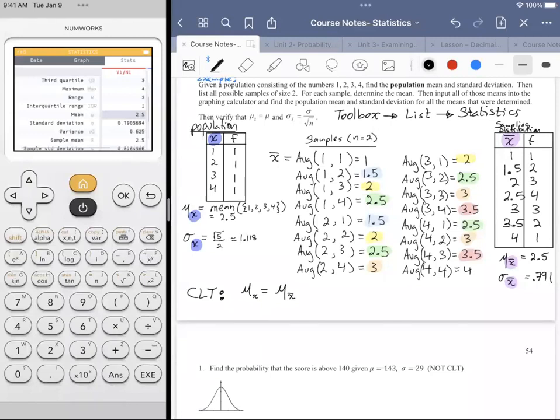The relationship between the standard deviations is not as clear, but since it's written right here, we can just go with that. So sigma sub x divided by the square root of n is actually going to be equivalent to sigma sub x bar.